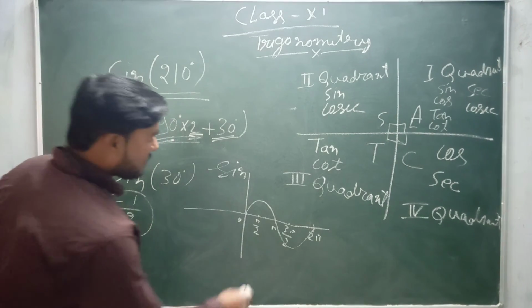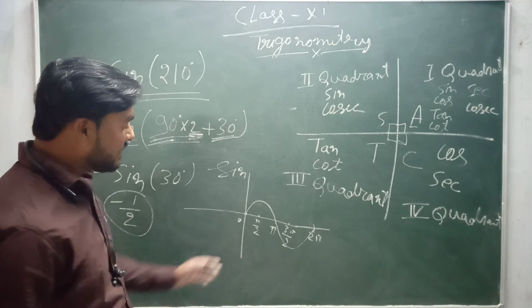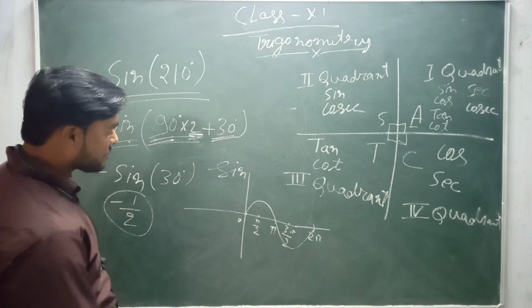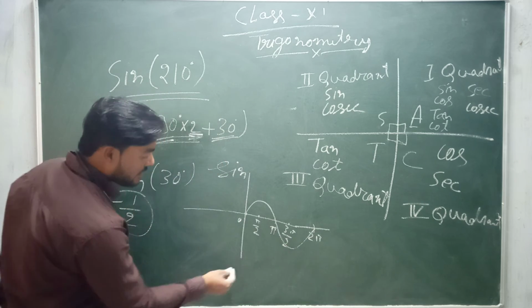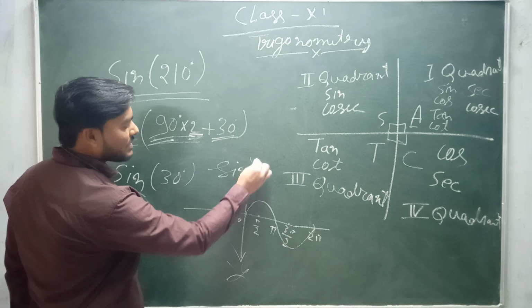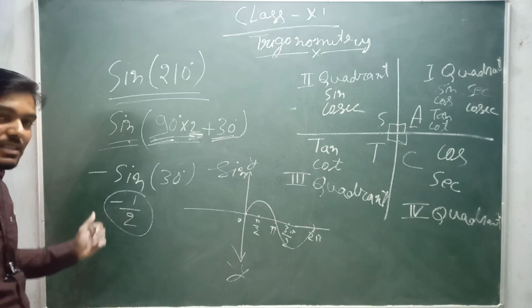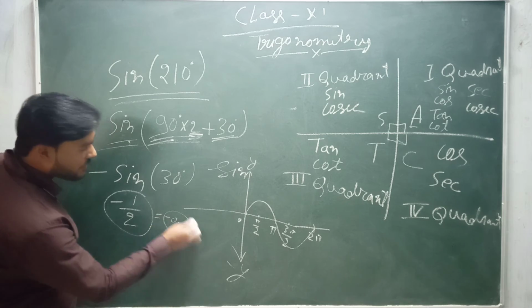Pi value equals 180 degree. It will be greater than this. Minus 1 by 2, it will be on the negative side. This is the minus y axis. This is the y axis. Minus 1 by 2 value is minus 0.5.